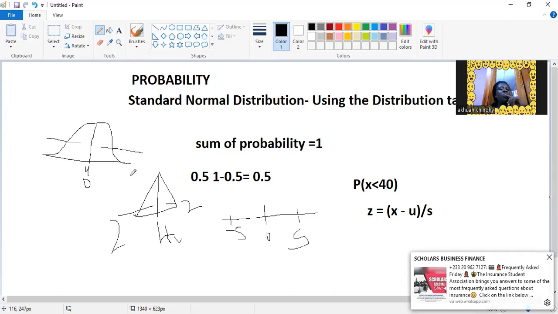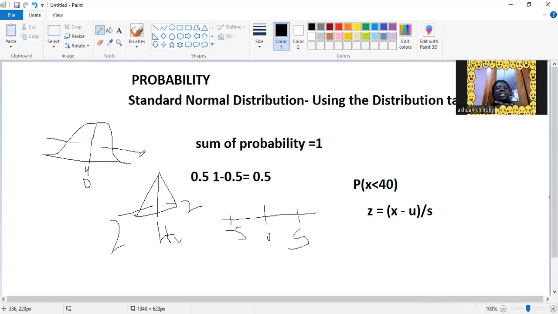In order to get the figures at this side, that's where the standard deviation comes in. How far the figures here are from the mean is the standard deviation. So let's say the standard deviation is 1. For the standard normal distribution, the standard deviation is 1. So from here to here, we'll have 1.